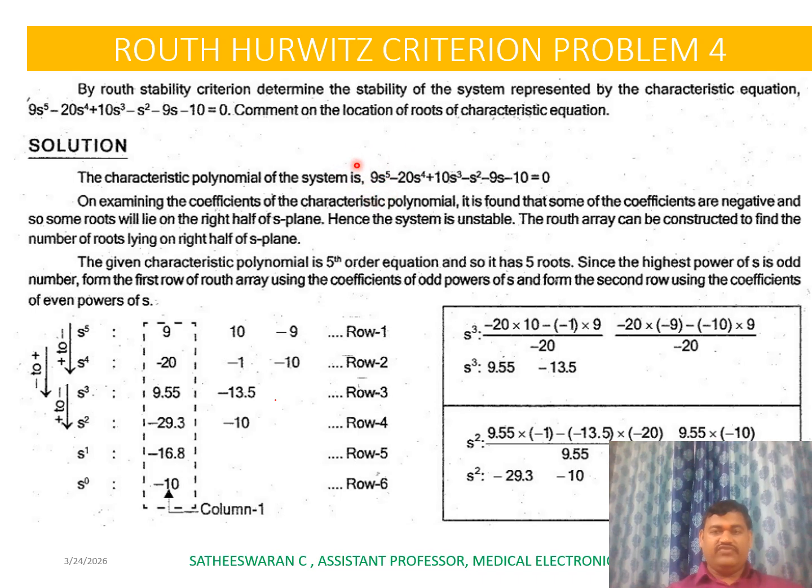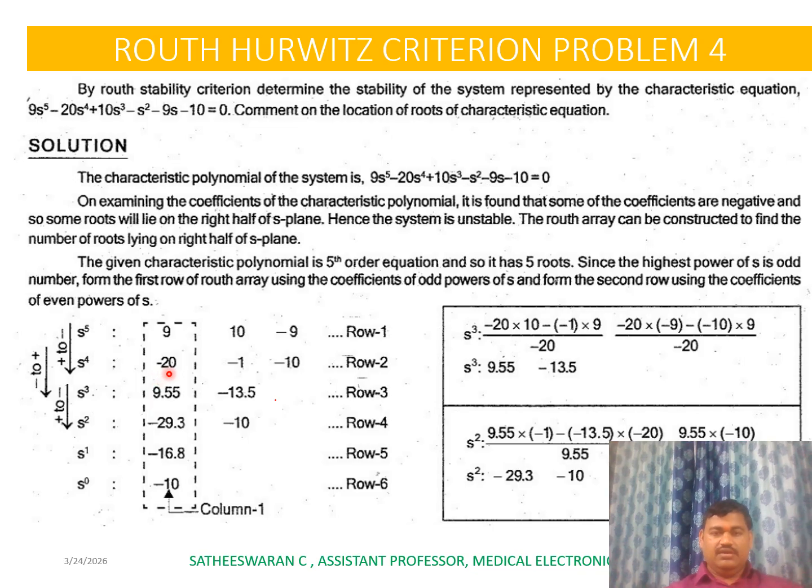So since it has 5 roots, the first row is formed using the odd power of s and the second row is formed using the even power of s. So here 9, minus 20, 10, minus 1, minus 9 and minus 10. We have to compute s power 3.